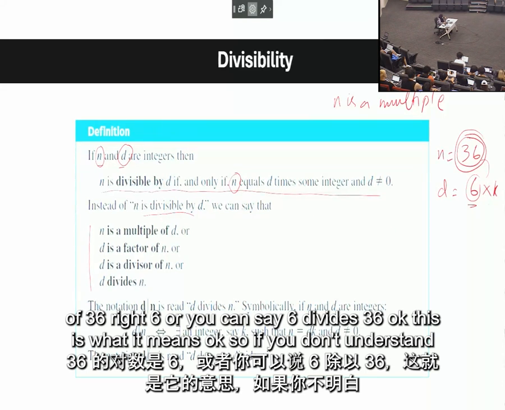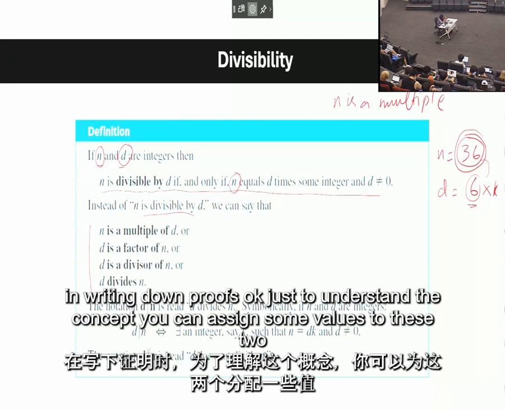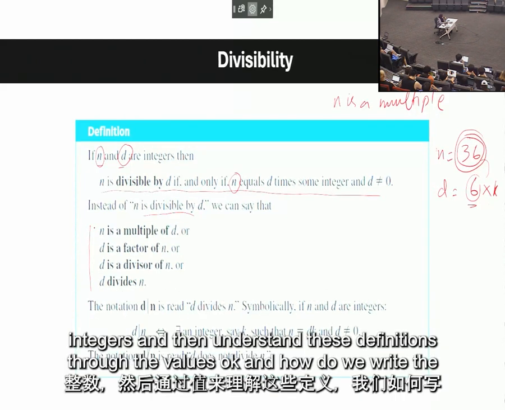If you don't understand this, just plug in some values, but this is only for your understanding. Don't use this method in writing down proofs. To understand the concept, you can assign some values to these two integers and understand these definitions through the values.